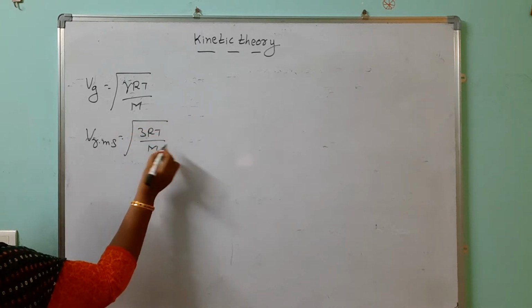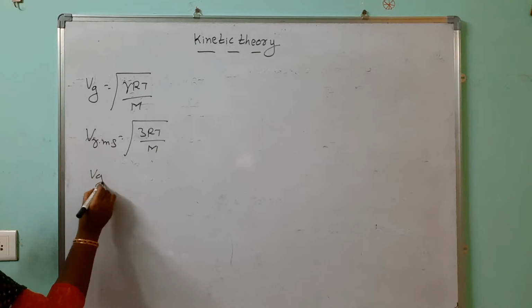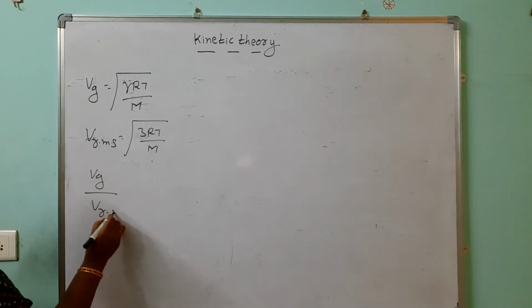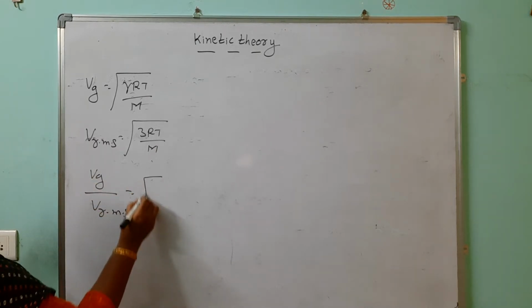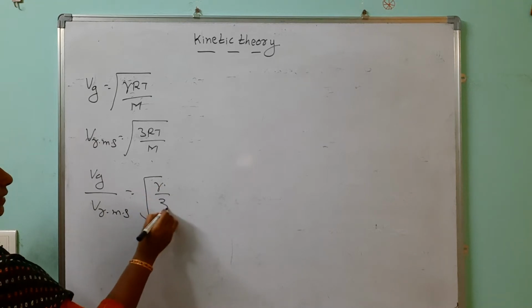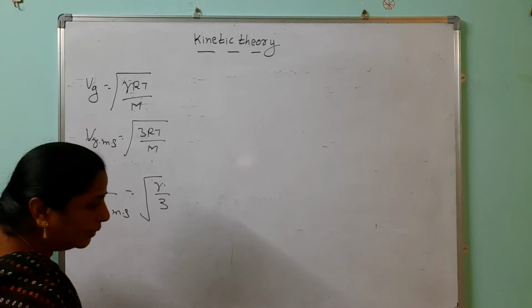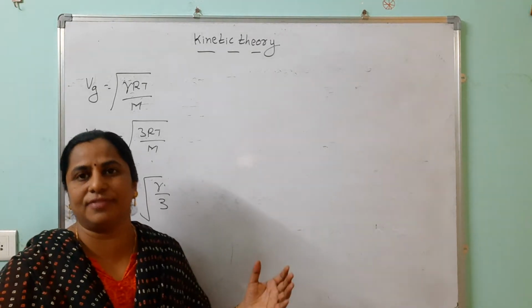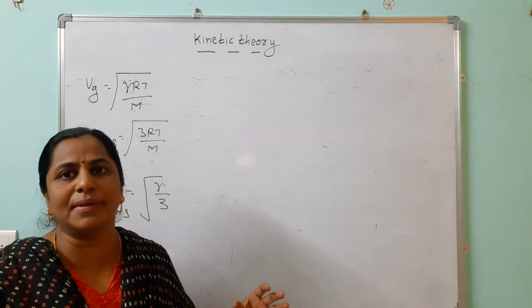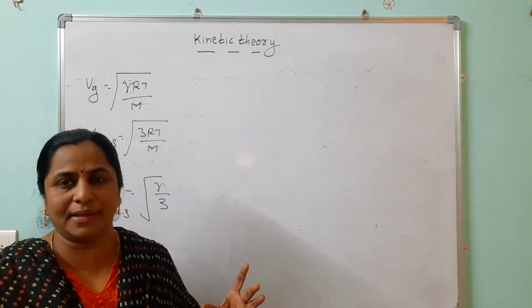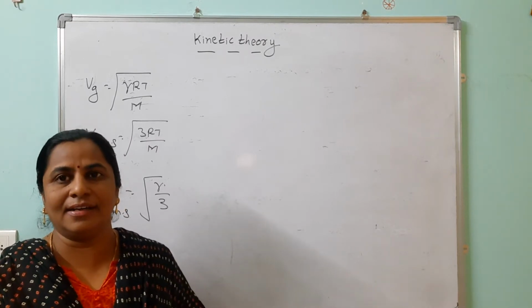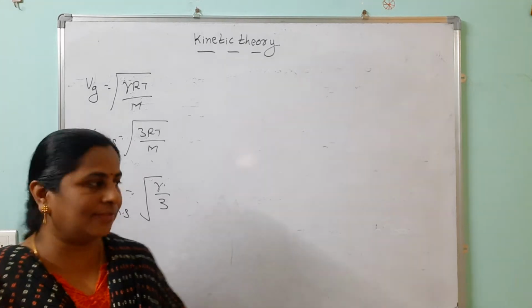When we take these two relations, Vg by Vrms equals, you can get it, gamma by 3. Here gamma is playing an important role. Gamma is different for different gases: monoatomic gas, diatomic gas, polyatomic gas. Based on that we can take it. But gamma is the ratio of the specific heats.